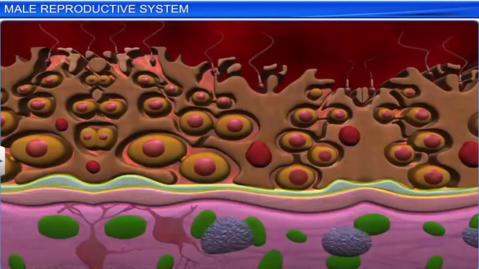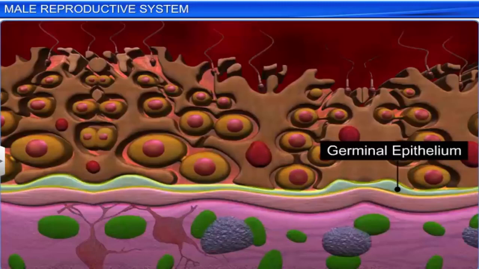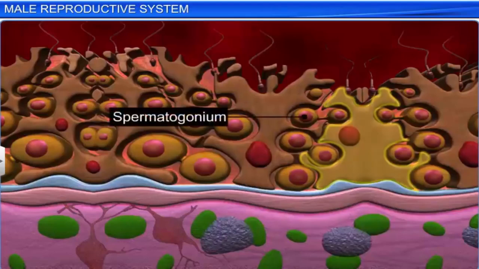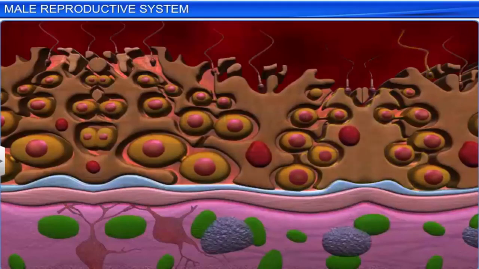The lining of each seminiferous tubule is called the germinal epithelium and contains the male germ cells known as the spermatogonia and Sertoli cells. The male germ cells undergo meiotic division to form mature sperm cells. This process is called spermatogenesis.